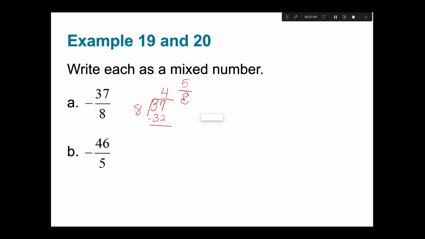It stays 8. So 4 and 5/8 is not my final answer. Why? Because it's a negative. There was a negative in front of my fraction. So my actual answer is going to be -4 and 5/8.